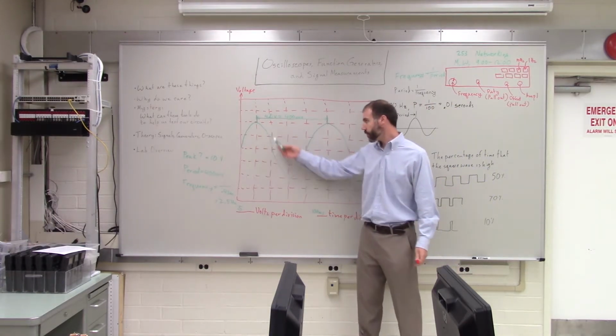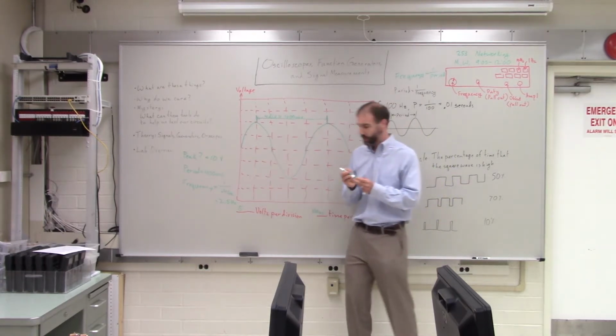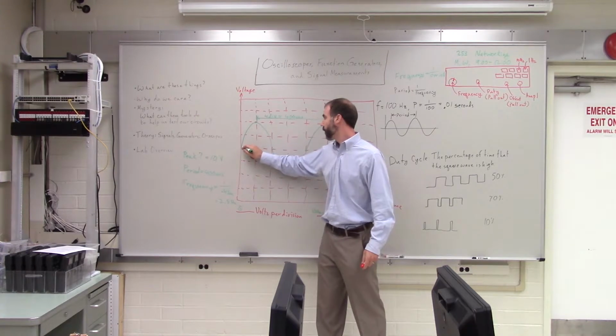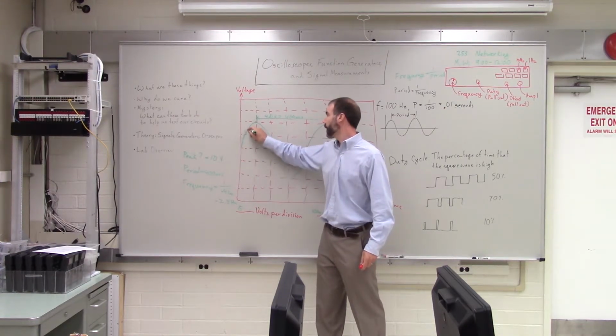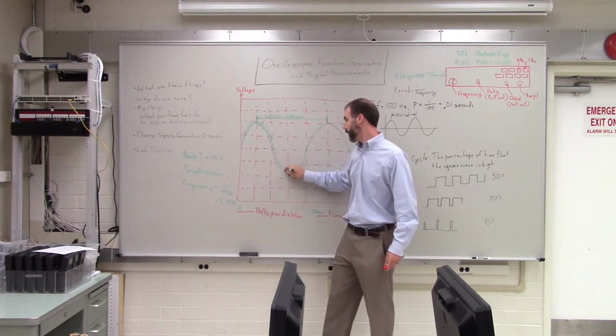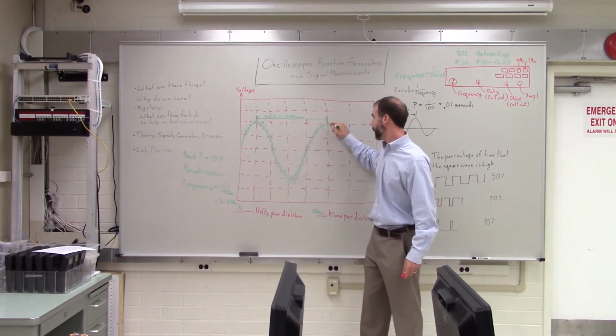Sometimes waves are not perfectly smooth like this. So sometimes, instead of being a really nice sine wave like that, it might come out to be a sine wave that looks more like this. And you're still trying to measure the frequency of the whole thing.